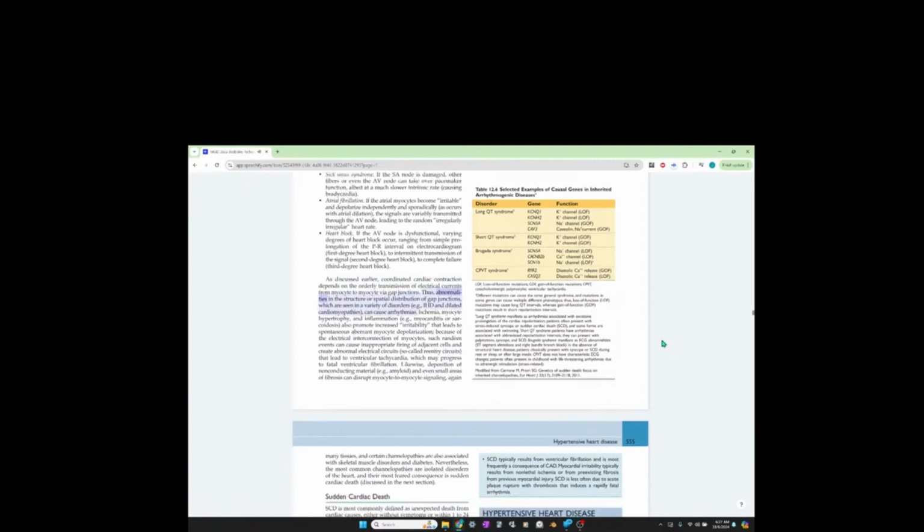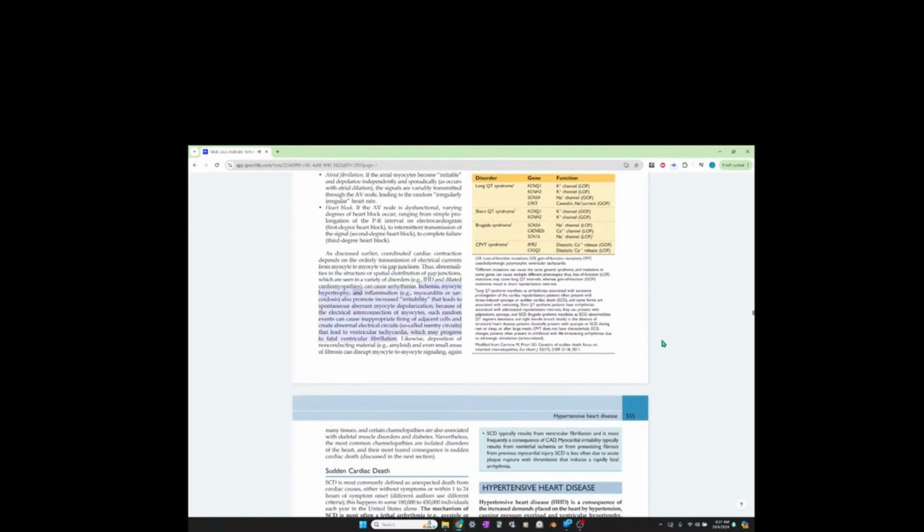As discussed earlier, coordinated cardiac contraction depends on the orderly transmission of electrical currents from myocyte to myocyte via gap junctions. Thus, abnormalities in the structure or spatial distribution of gap junctions, which are seen in a variety of disorders, can cause arrhythmias. Ischemia, myocyte hypertrophy, and inflammation also promote increased irritability that leads to spontaneous aberrant myocyte depolarization.